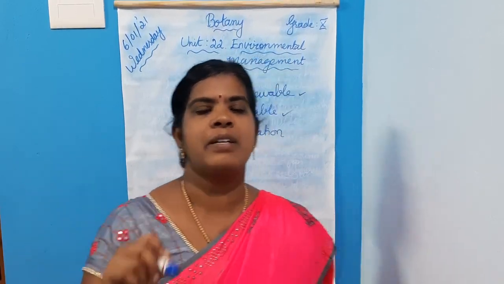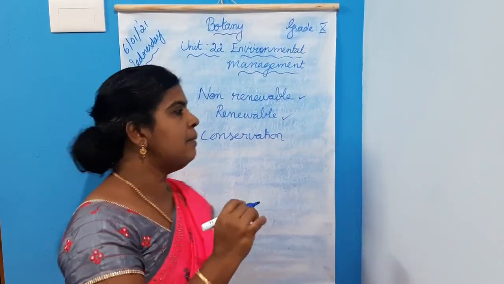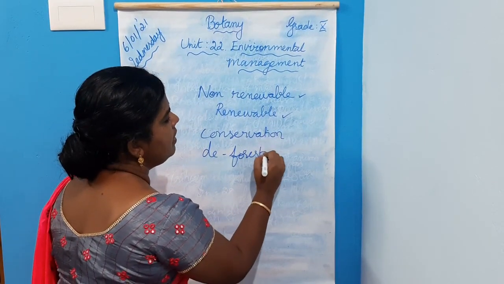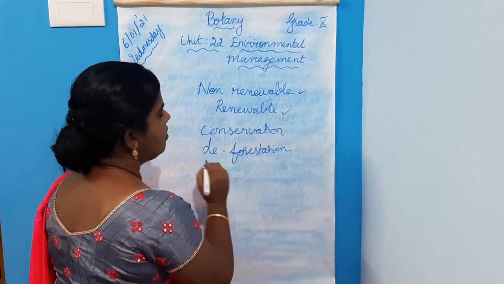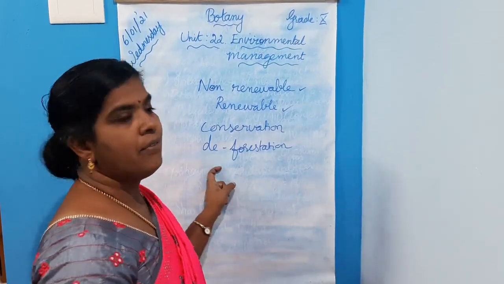Effects of deforestation. You all know what is deforestation? D means removal. Deforestation, D means removal or cutting down of trees. That is deforestation.